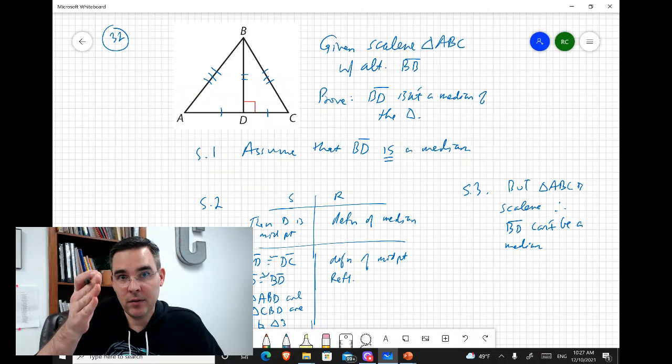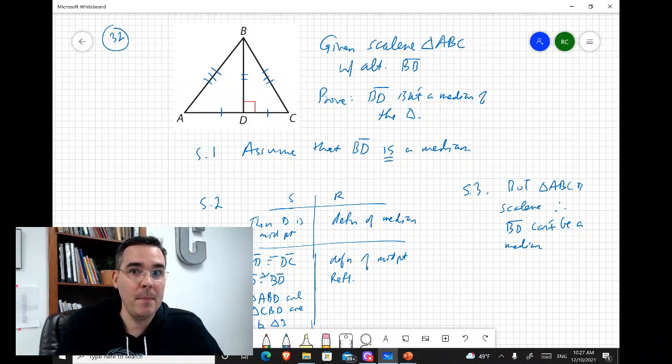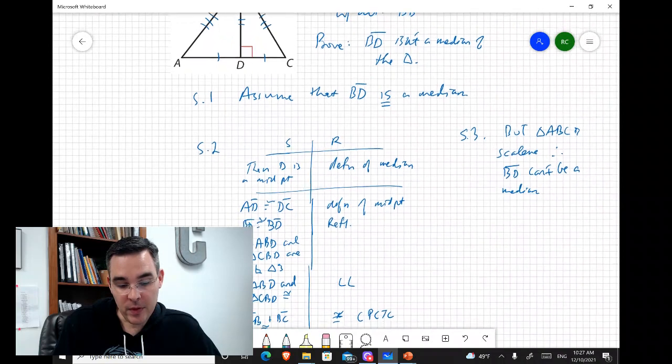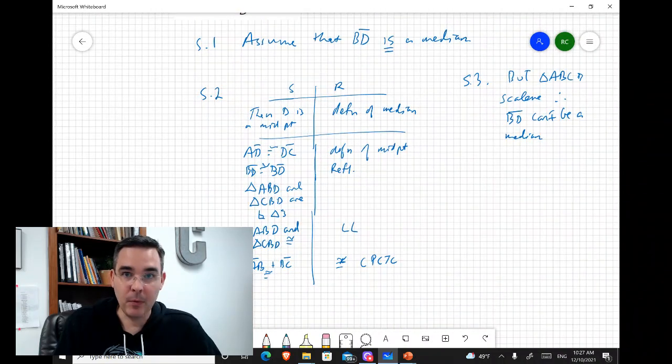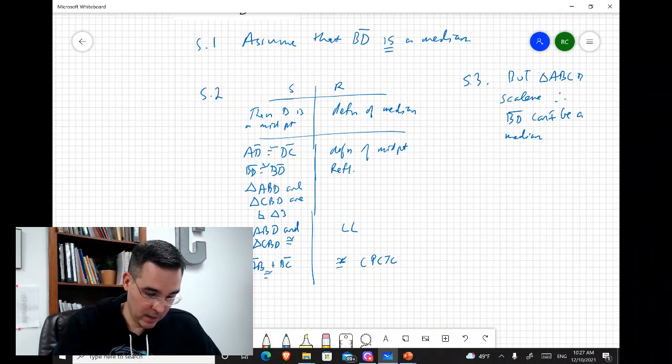I use reasoning to make conclusions about this triangle based upon my false assumption, and then I end up reasoning to a point that I say that triangle ABC, rather, is isosceles.